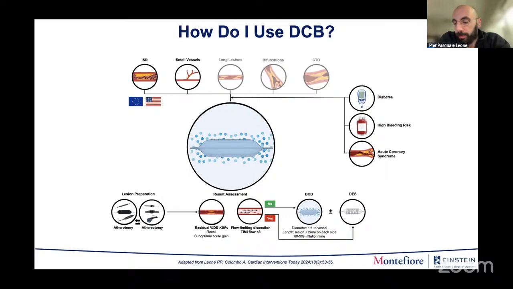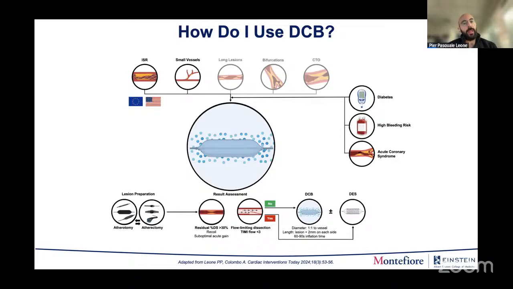Some observational and some prospective randomized studies have been introduced lately on de novo lesions in vessels irrespective of size.